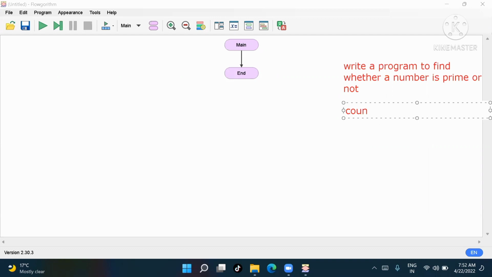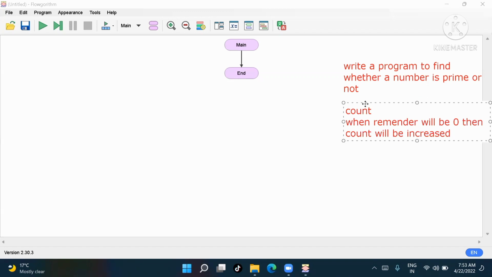When the remainder will be 0, then the count will be increased. Understood this thing?